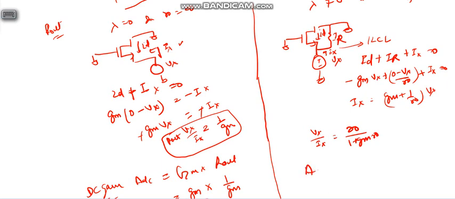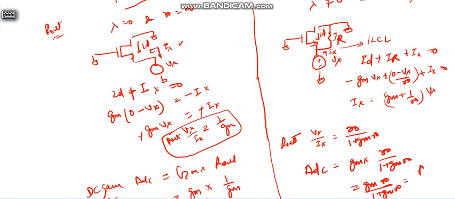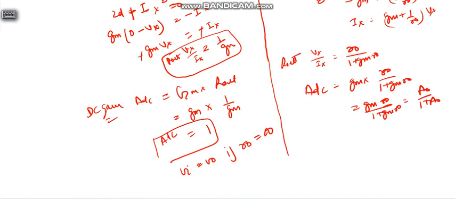So the DC gain ADC equals gm into Rout, that is gm Ro divided by 1 plus gm Ro, which is A naught by 1 plus A naught, where A naught equals gm Ro. Now here ADC is less than 1, so Vo is less than Vi.